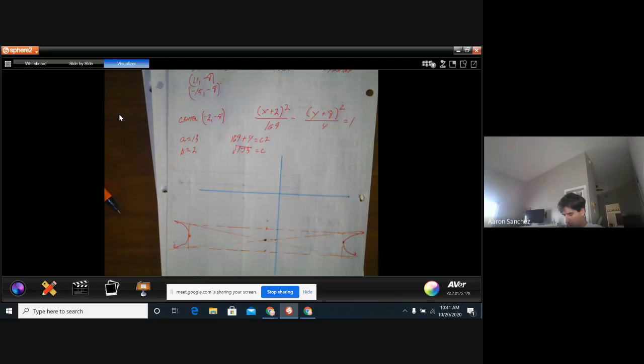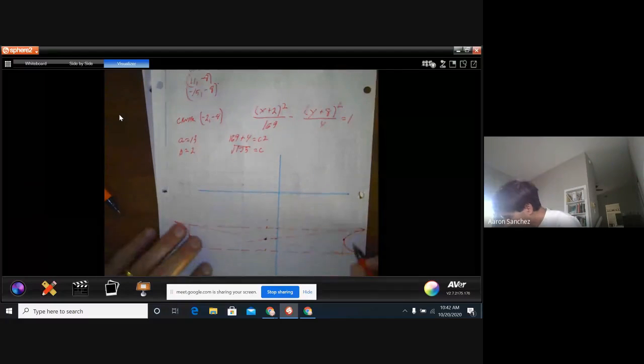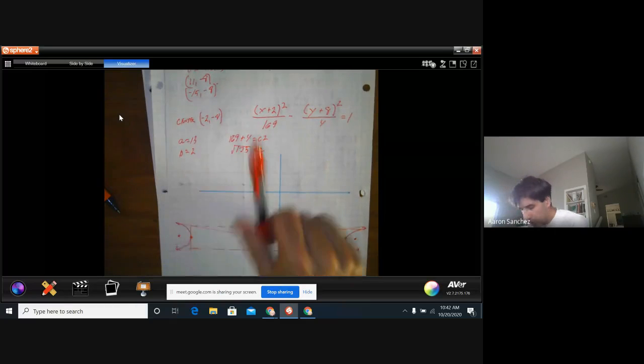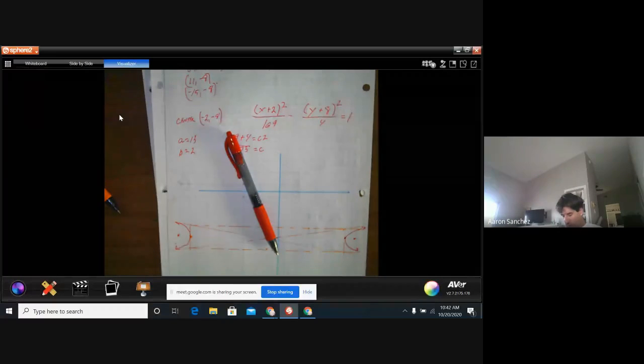Such a weird number. That can't be prime, can it? 173 divided by... no. So square root of 173. It'll be somewhere right about here from the center. Let's just find the square root of 173.